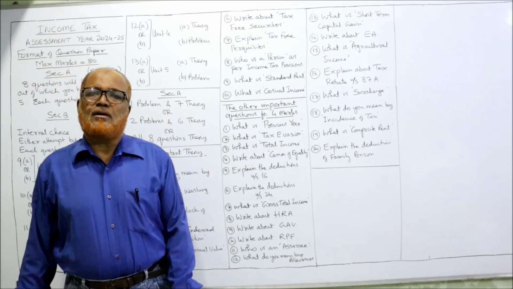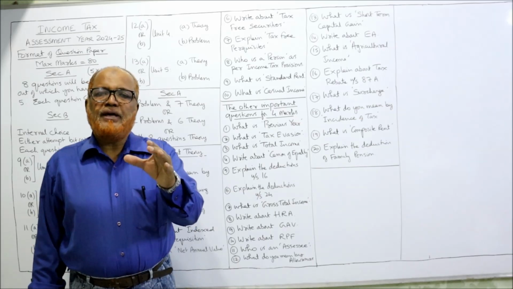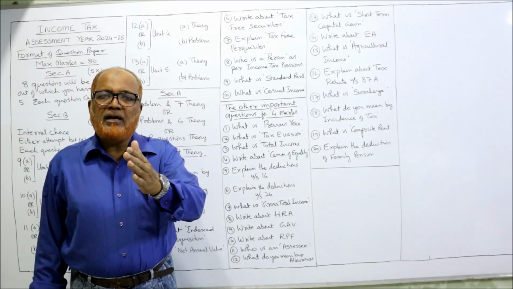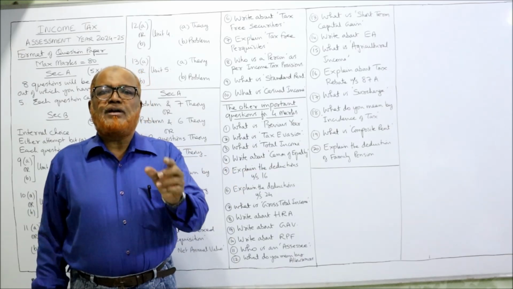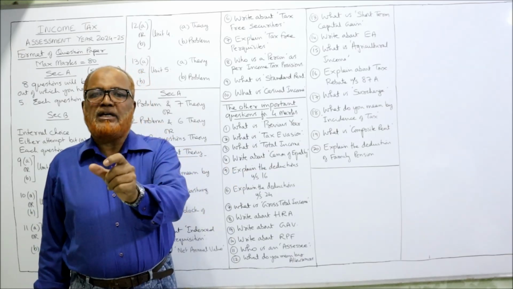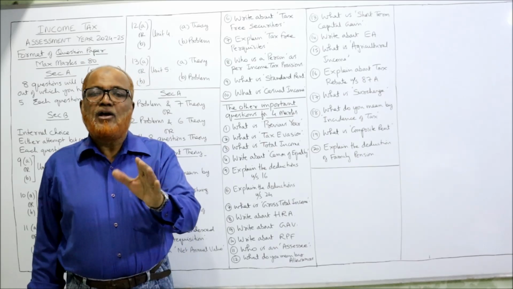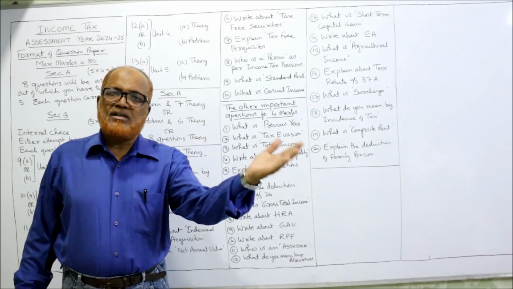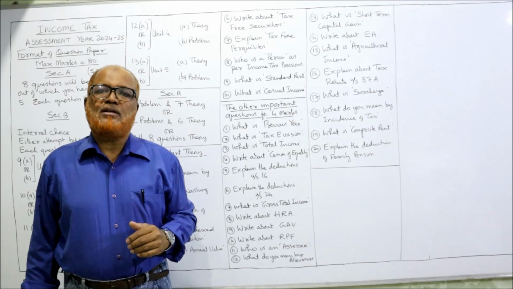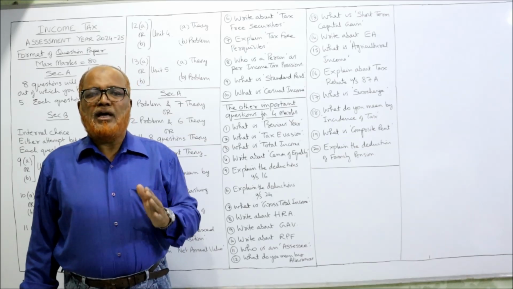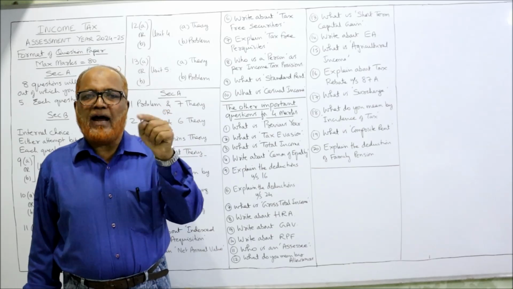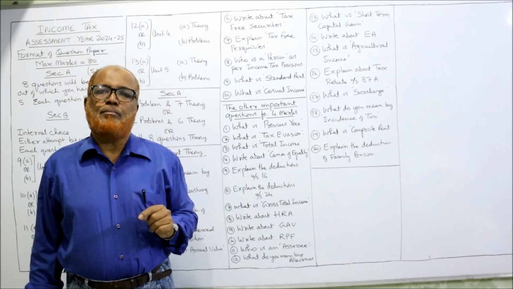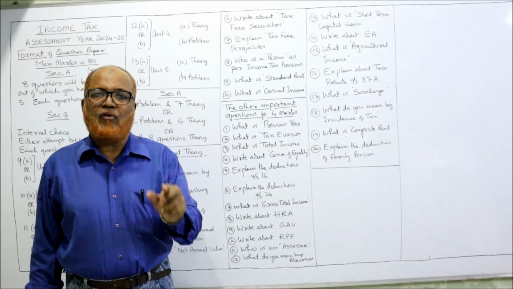What is previous year? Previous year is a period of 12 months immediately preceding the assessment year. Our current assessment year is 2024-25. For this assessment year, previous year is 2023-24. It begins from 1st April 2023 and ends on 31st March 2024.